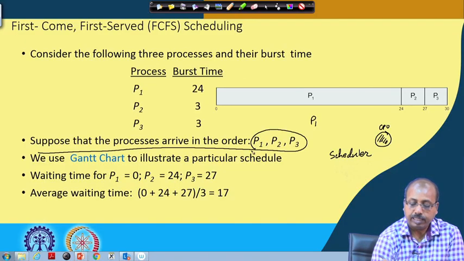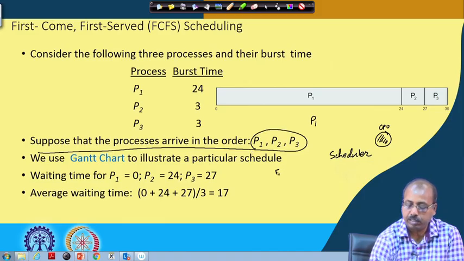So, you see that this can be implemented if you have a FIFO queue, first in first out queue. If the ready queue is organized as a FIFO queue, you have 2 ends: this is the front end and this is the tail end.